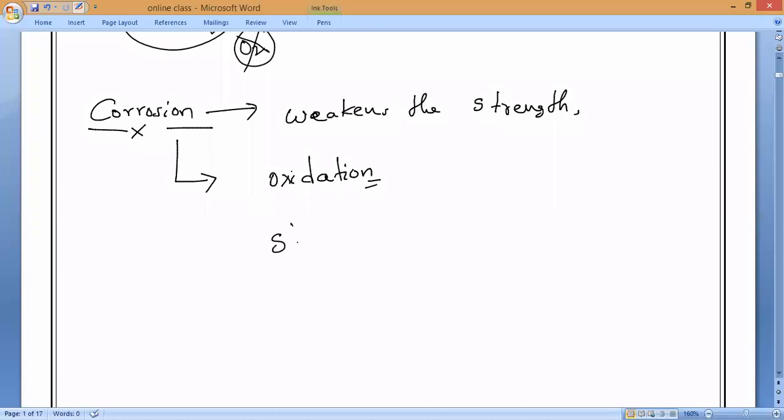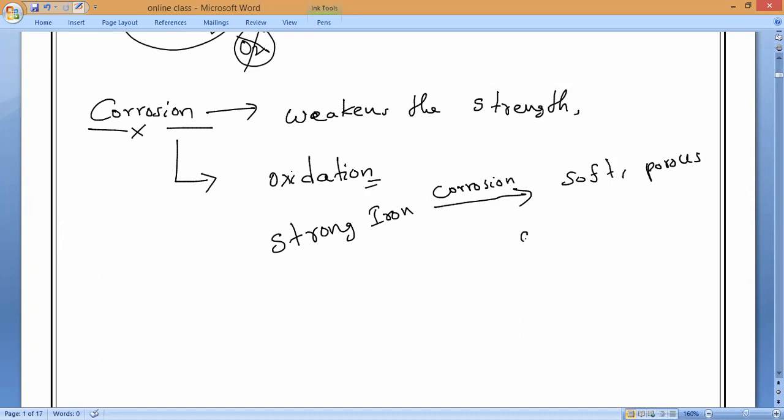A strong iron body, once it corrodes, turns into a soft, porous substance. What does porous mean? Porous means having holes, small holes. So it turns into a soft, porous and powdery substance.